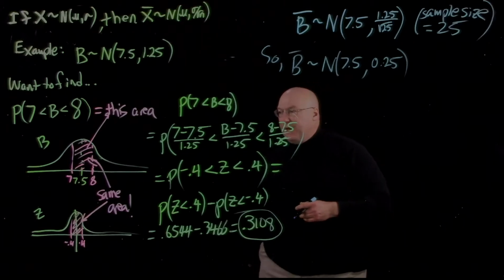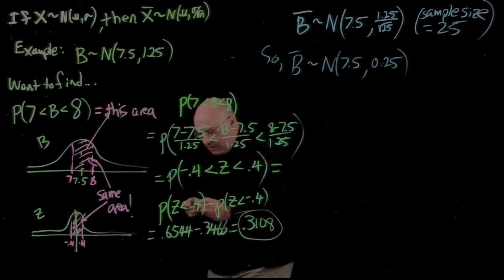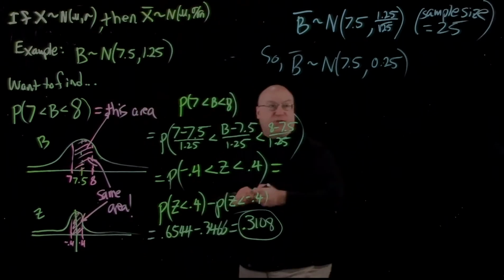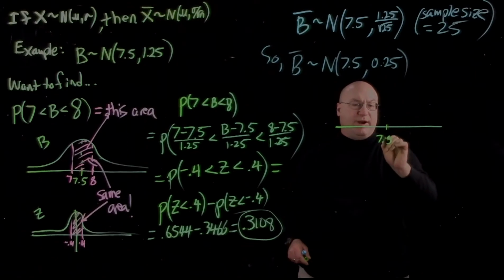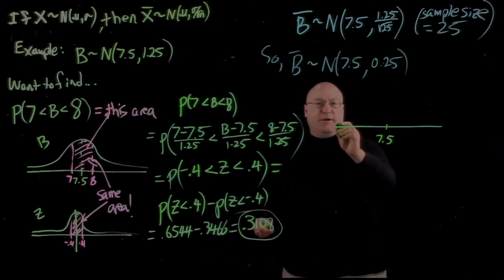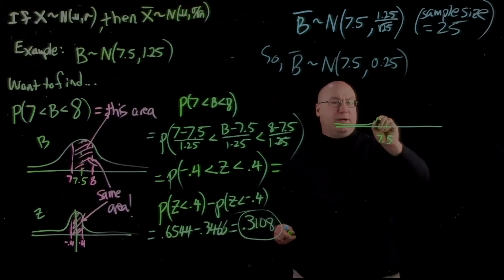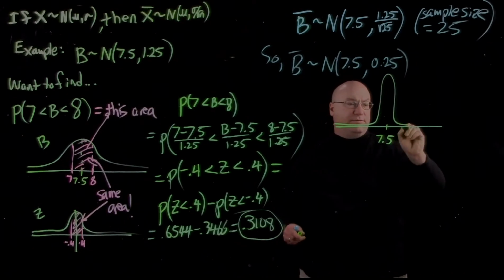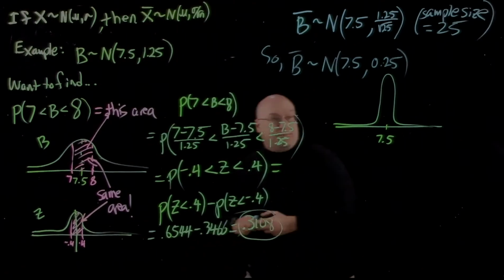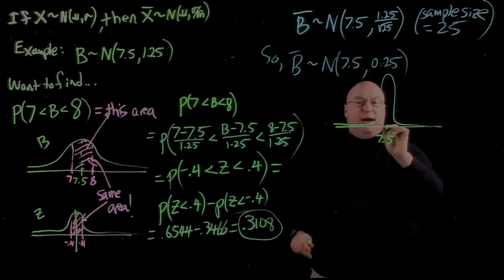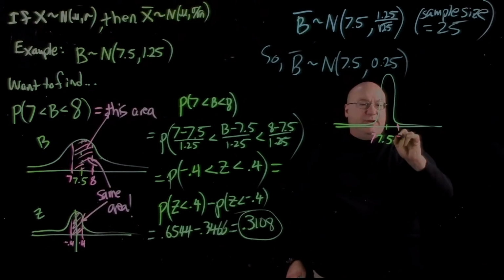And I say that I still want the probability that the mean weight will be within 1/2 a pound. So let me draw the analogous picture here. The analogous picture has me with 7.5 pounds here, but now the curve, of course, is much tighter, maybe a little exaggerated, but oh well. I want the probability now that I'm within 7 and 8 pounds.